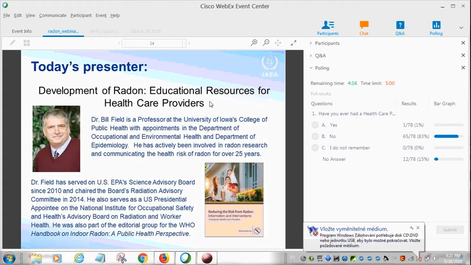Over the past 25 years he has served on several groups in the U.S., such as the EPA's Science Advisory Board, and is also a U.S. presidential appointee on the National Institute of Occupational Safety and Health Advisory Board. I also wanted to point out that he was on the editorial group for the World Health Organization's Handbook on Indoor Radon, a Public Health Perspective, which was published in 2009. It's still a key document when it comes to public health and radon.